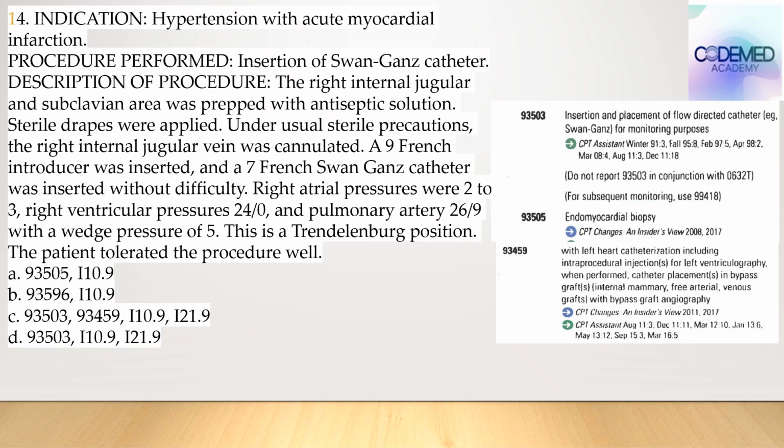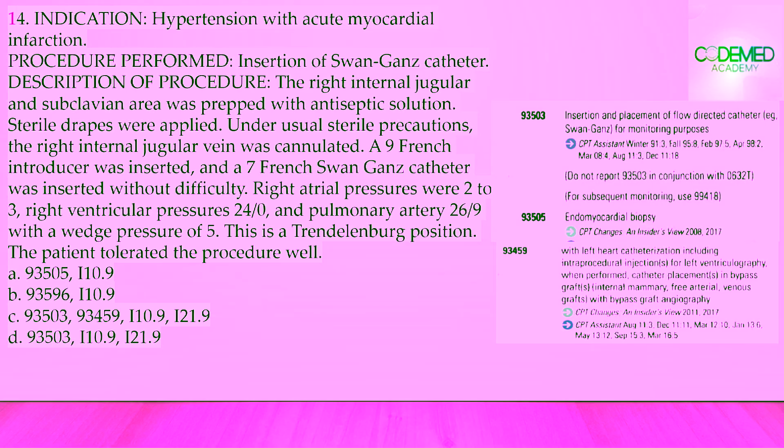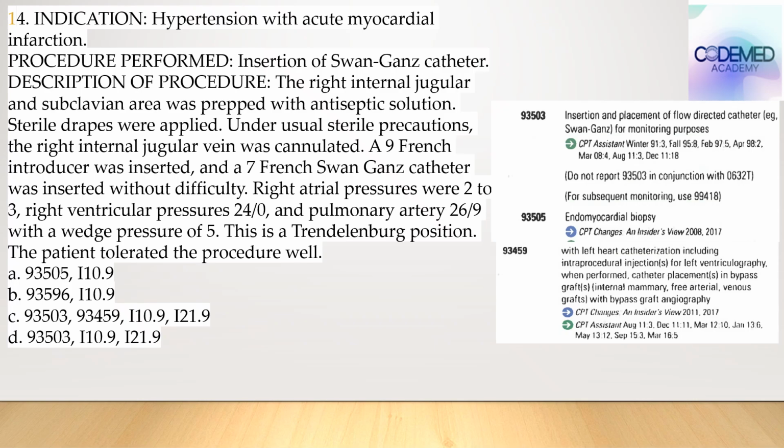A 9 French introducer was inserted and a 7 French Swan-Ganz catheter was inserted without difficulty. Right atrial pressure was 2 to 3, right ventricular pressure 24/0, pulmonary artery 26/9 with a wedge pressure of 5. This was done in the Trendelenburg position. The patient tolerated the procedure well.